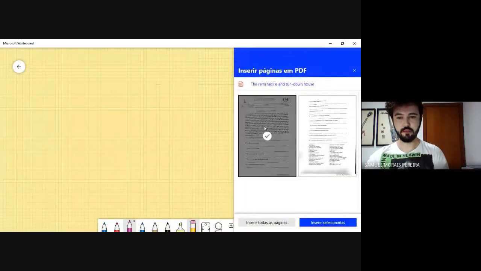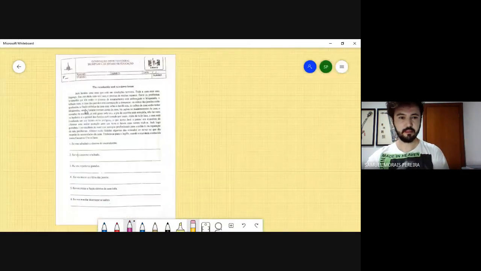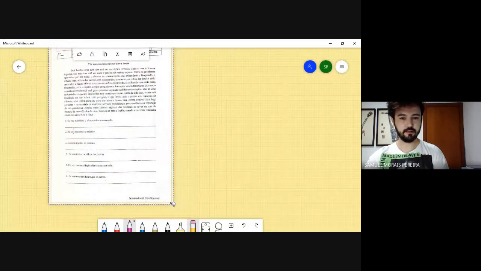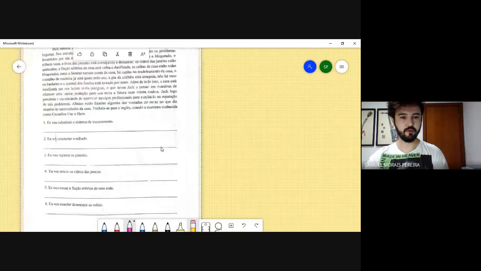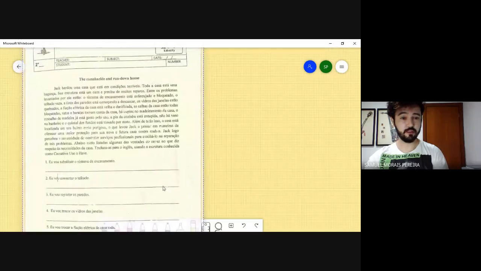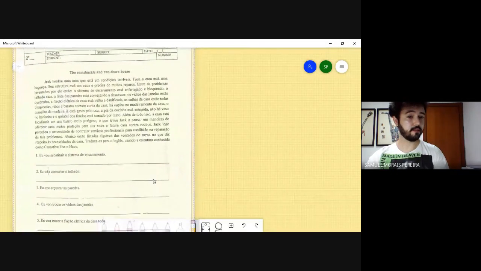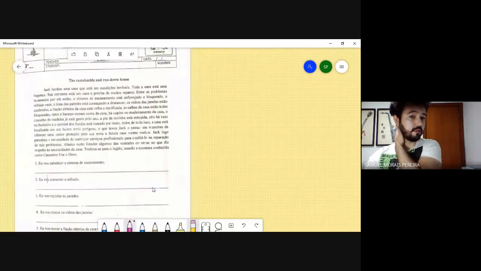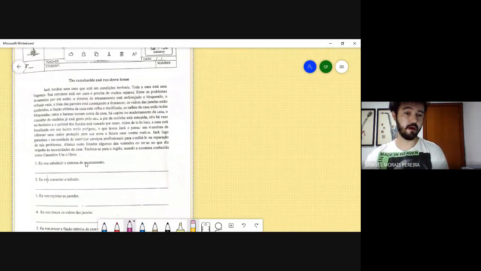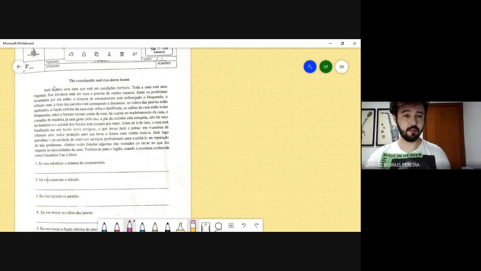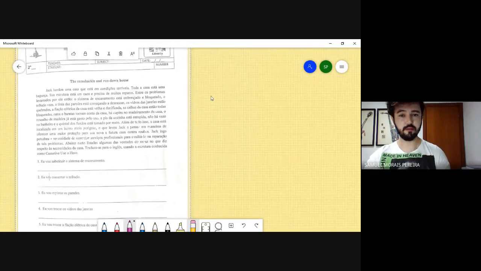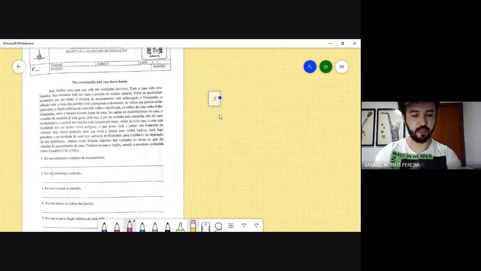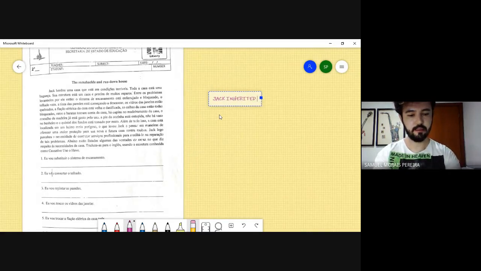So, do you remember this homework here? I sent you this file on your WhatsApp group. It's all in Portuguese, and this is just to practice translation, okay? This is an exercise about a guy called Jack, and as you can see here, Jack herdou uma casa, so in English we say Jack inherited a house, okay?